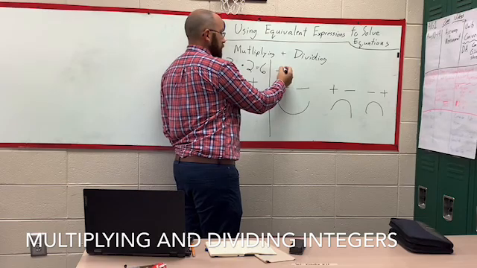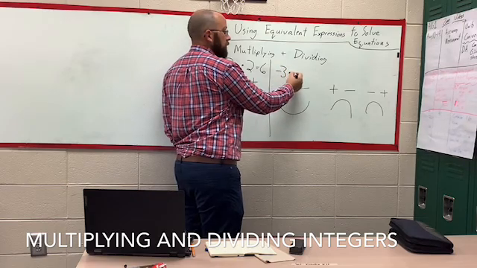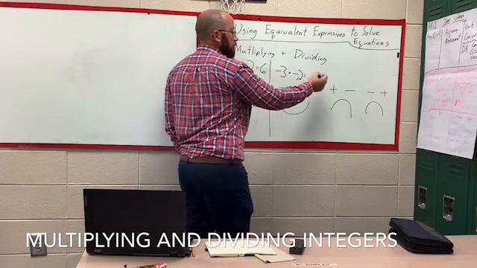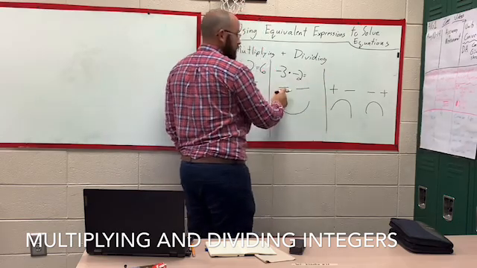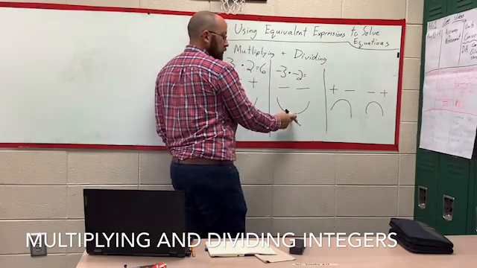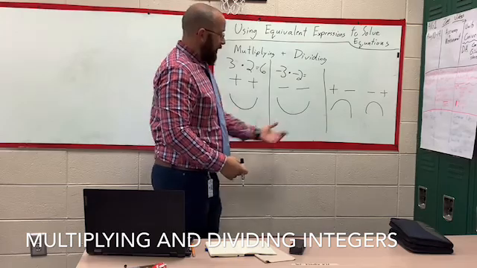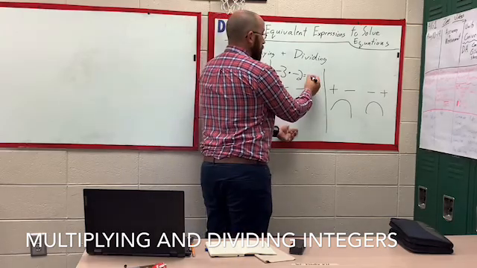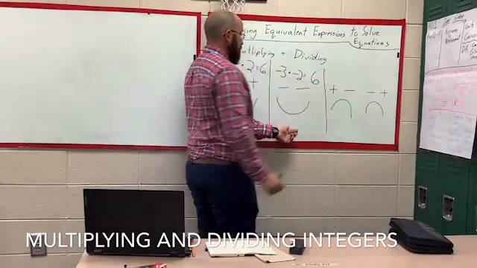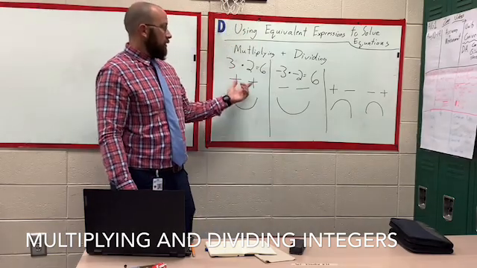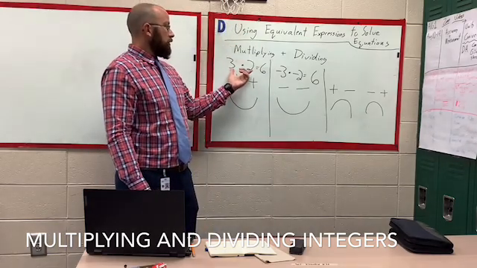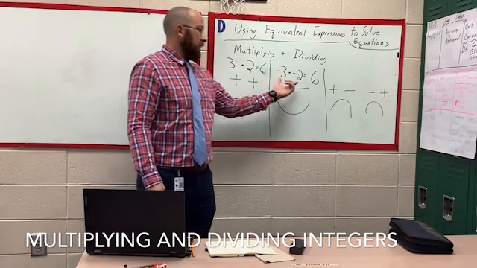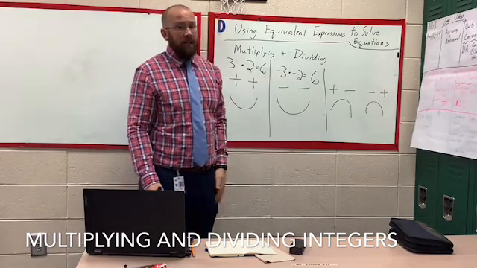Negative 3 times negative 2. All right? Negative, negative. What's my answer going to be? Positive 6. As you can see, no matter what, if these two are the same, positive, positive, or negative, negative, you're going to get a positive answer out.